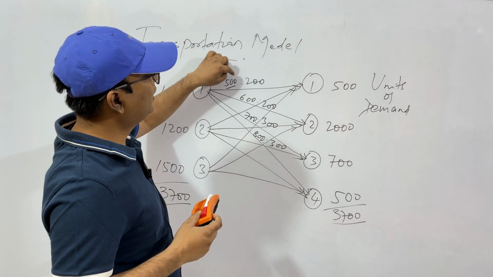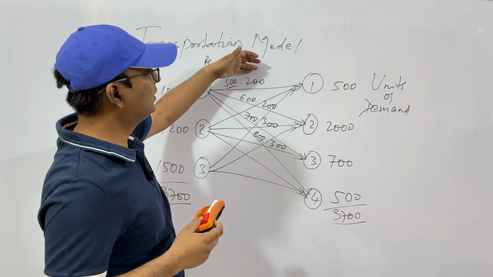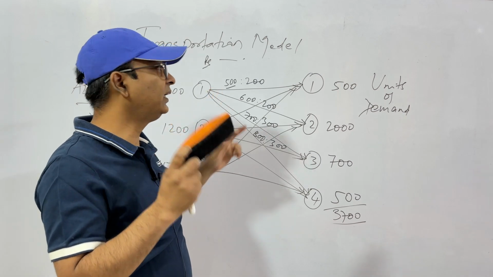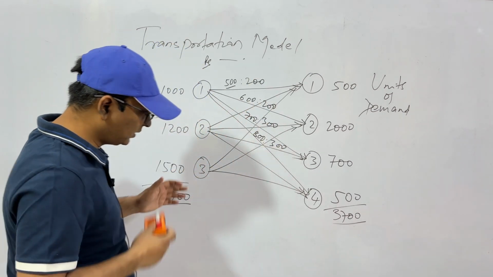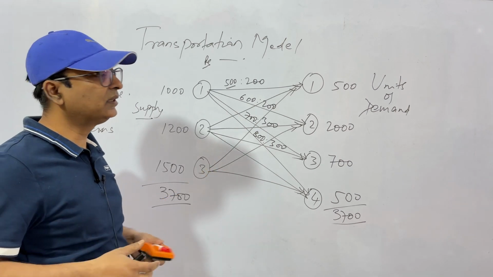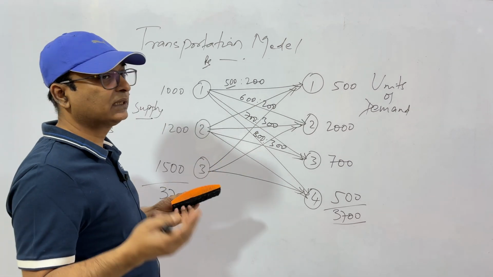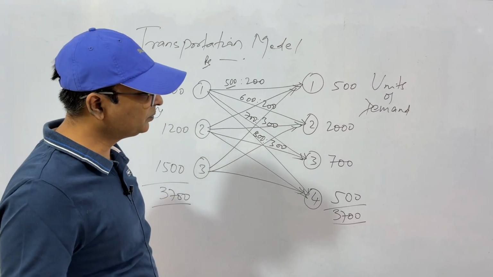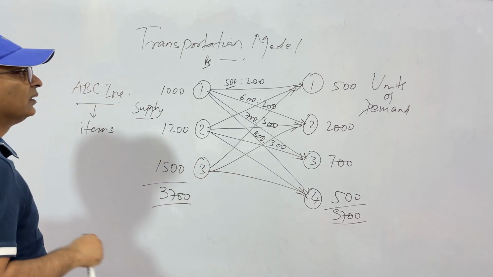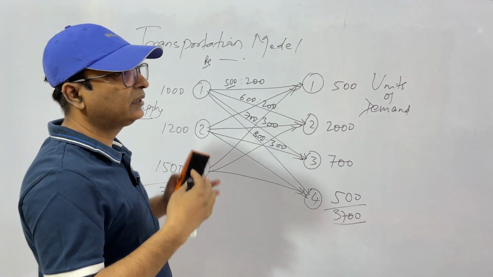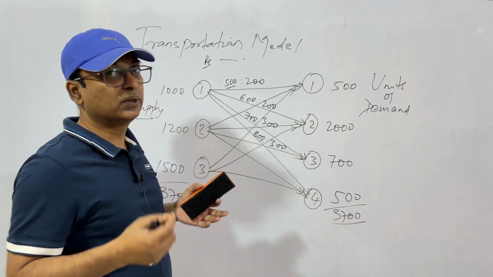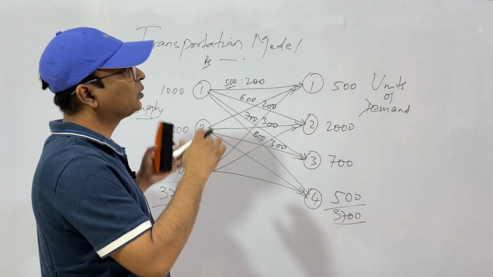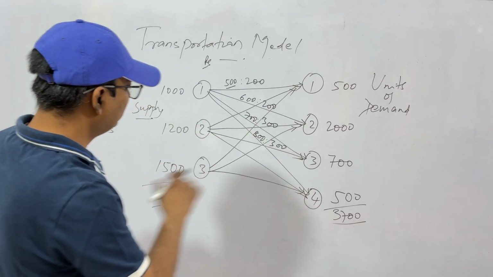Maybe 520, 500 is the cost, then let's say we finally get that 180 items to be transported from here, 210 items from here, and finally the transportation cost is minimum. Obviously what we'll wish is that our transportation cost is minimum. So transportation model, what we do, we create a model, and the objective of this model is to minimize the cost of transportation. So I think you have got this.